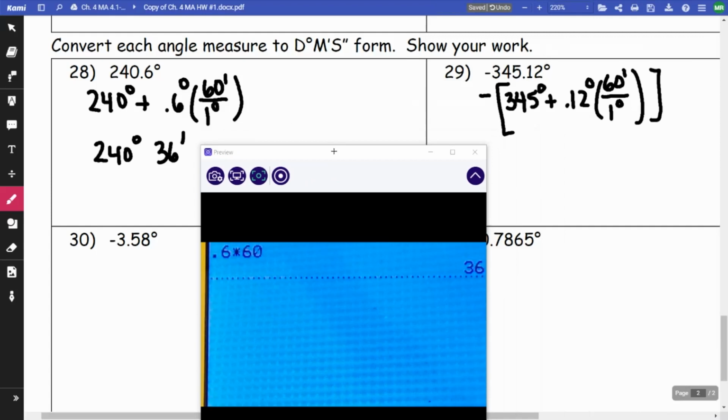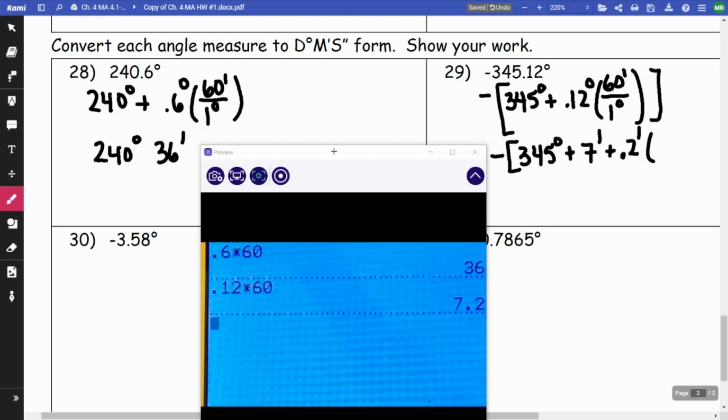So that 0.12 times 60 gave me 7.2. So I did not get a whole number. So that means I'm going to have 340 degrees, plus I'm going to have 7 whole minutes, plus I have 0.2 minutes, because I still have that as a decimal.